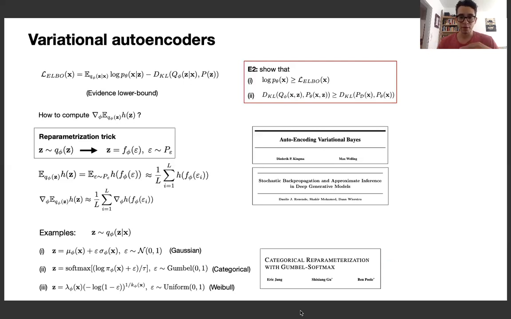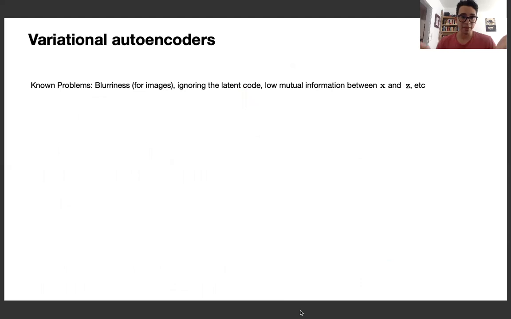Okay, this is nice, but autoencoders are known for some problems. If you try to use a variational autoencoder to generate images, the images look kind of blurry compared with GANs.